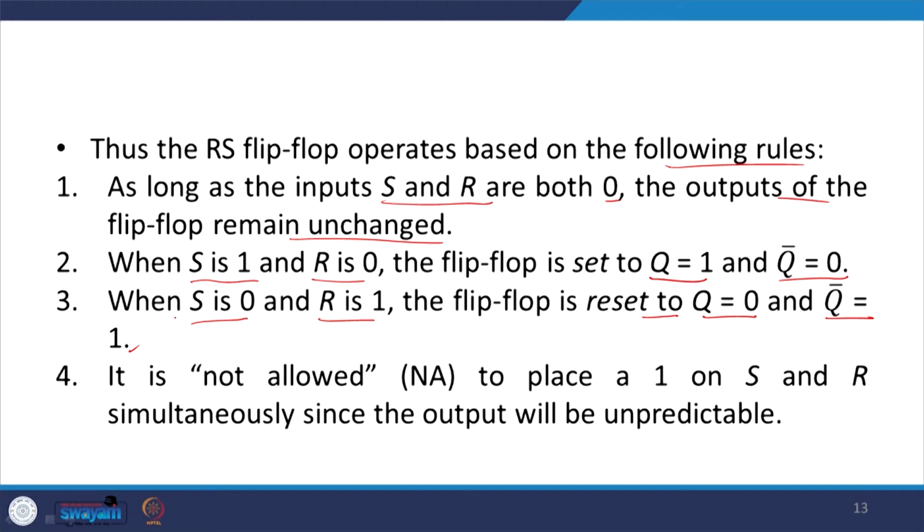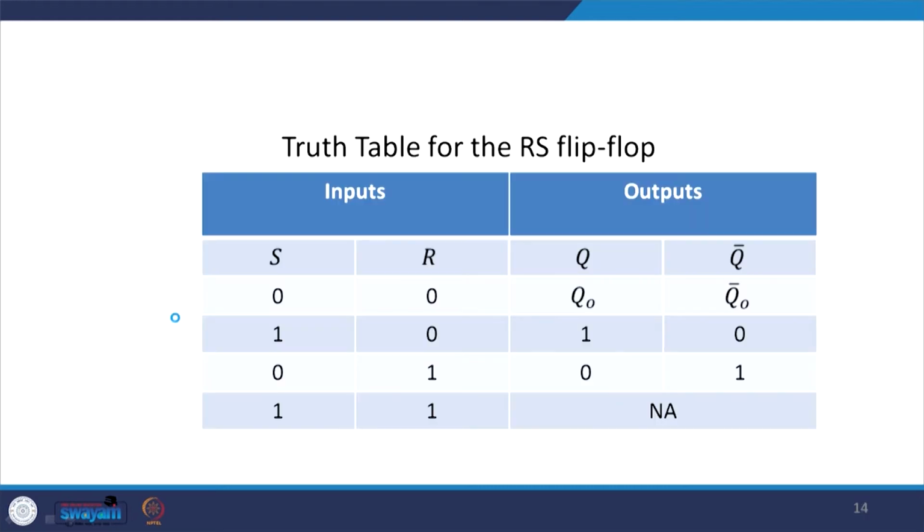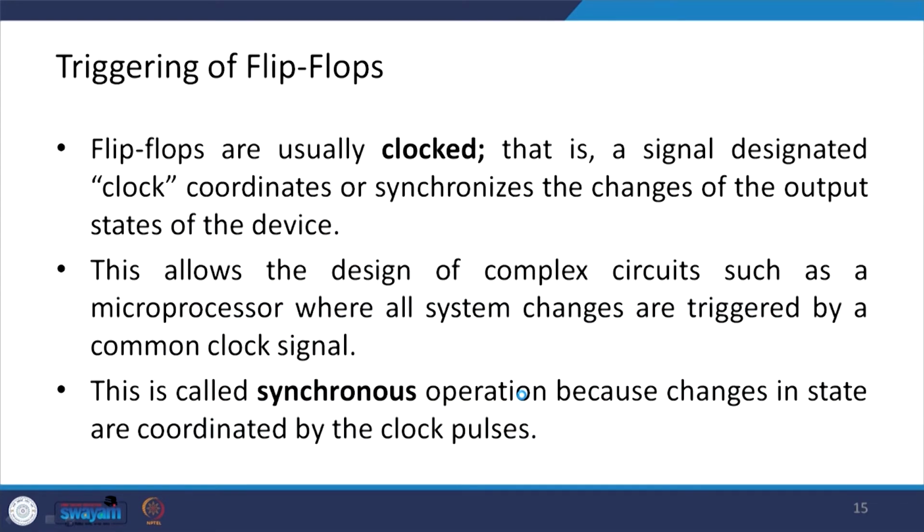It is not allowed to place a 1 on both S and R simultaneously, since the output will not be predictable in that case. So, here basically at S R 0 0 we have the initial values, with 1 0 this is 1 0, with 0 1 this is 0 1, and 1 1 is not defined, not allowed.